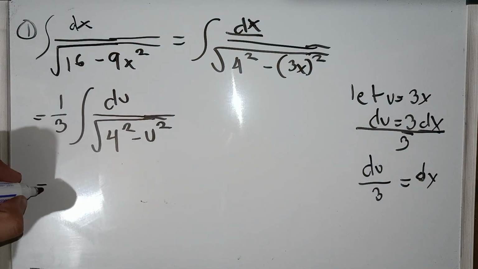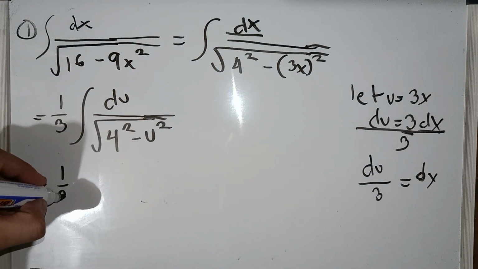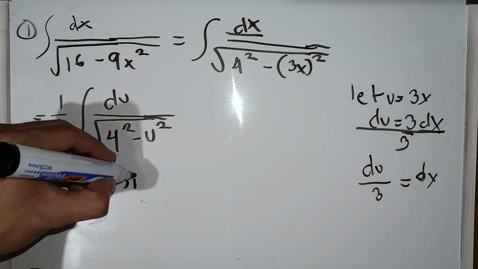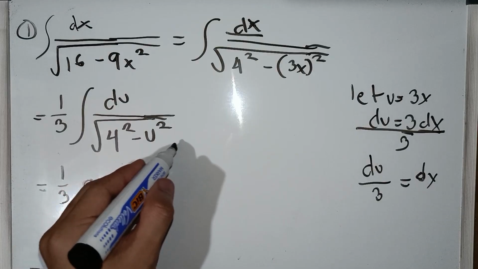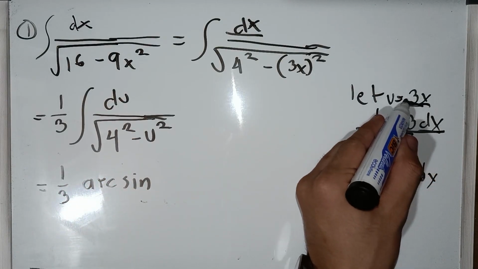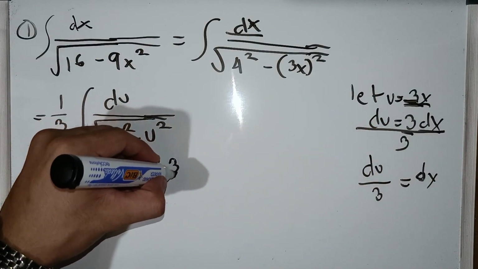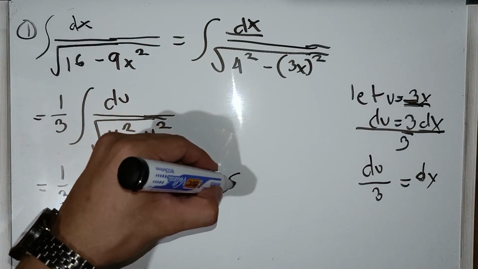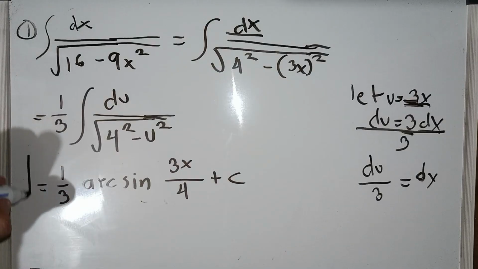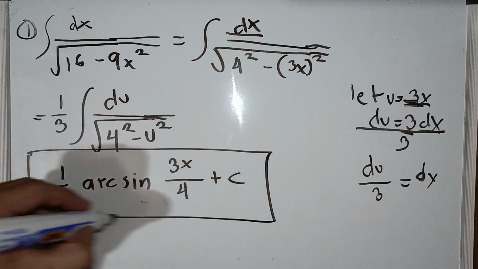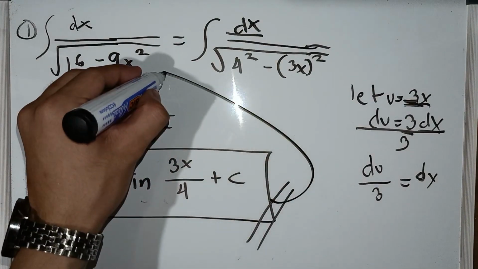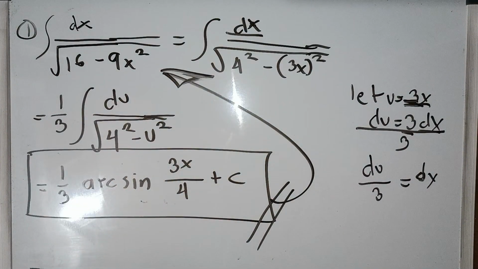That is equal to 1/3 arcsine of u, which is 3x, all over a, which is 4, plus c. So this is the integration for our problem, the integral of dx over the square root of 16 minus 9x squared.